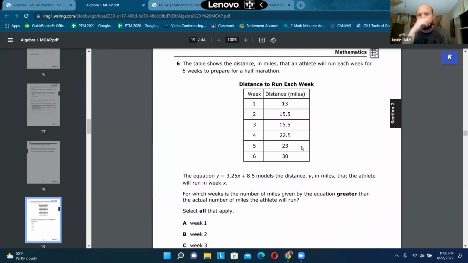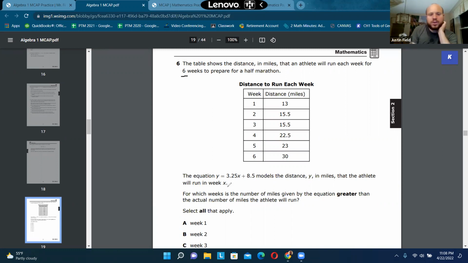All right, so solve the system using elimination and check your work. The table shows the distance in miles that an athlete will run each week up to 6 weeks to prepare for a half marathon. The equation y equals 3.25x plus 8.5 gives the distance that the athlete will run in week x.